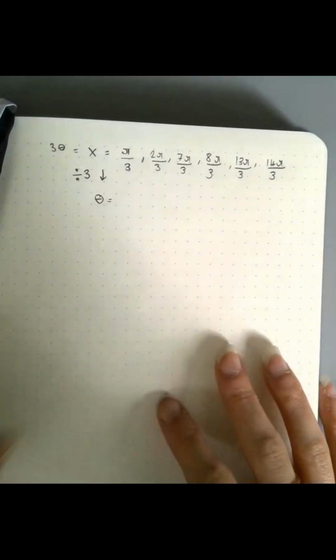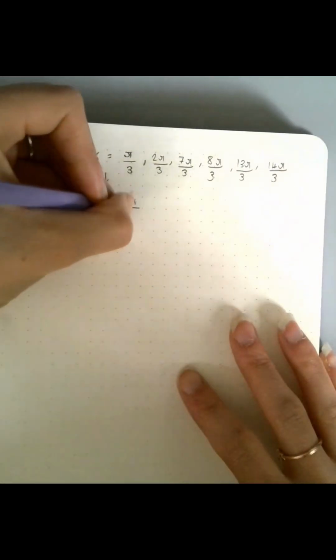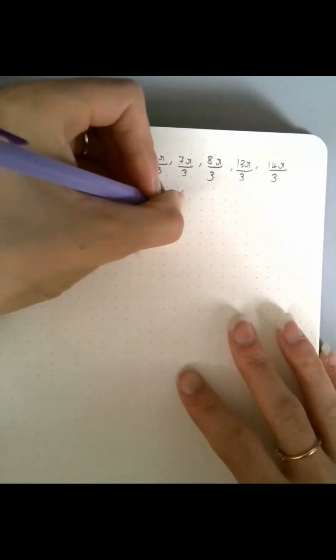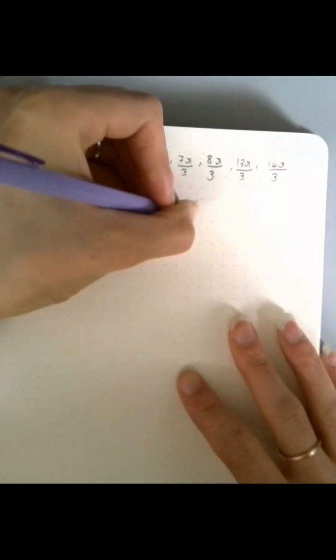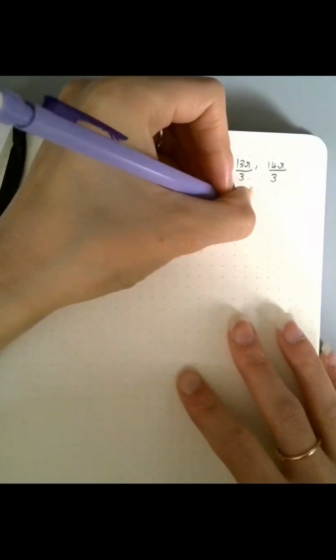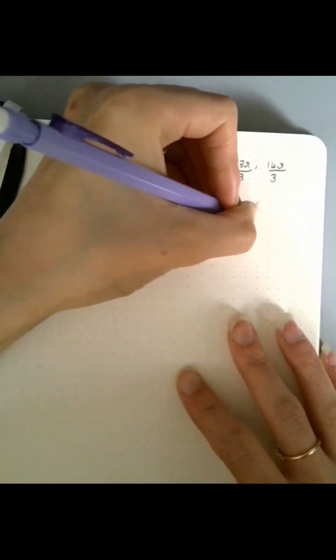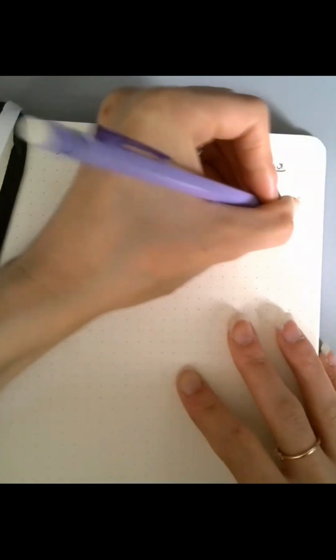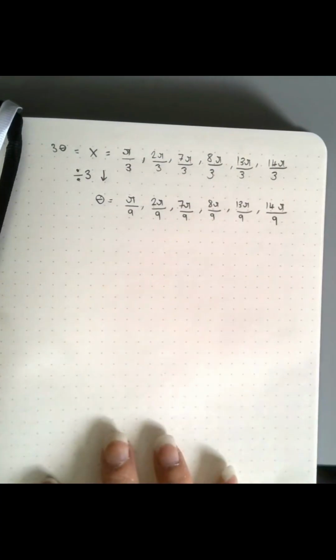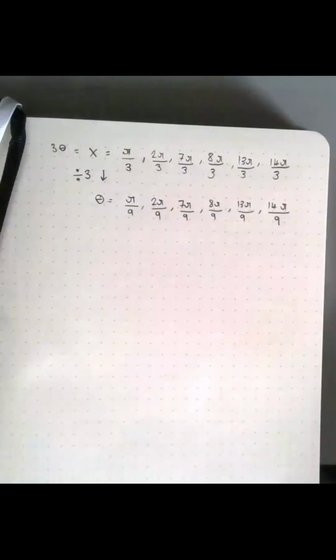That will give me pi over 9, 2 pi over 9, 7 pi over 9, 8 pi over 9, 13 pi over 9, and 14 pi over 9. And they now should be within our range of 0 to 2 pi.